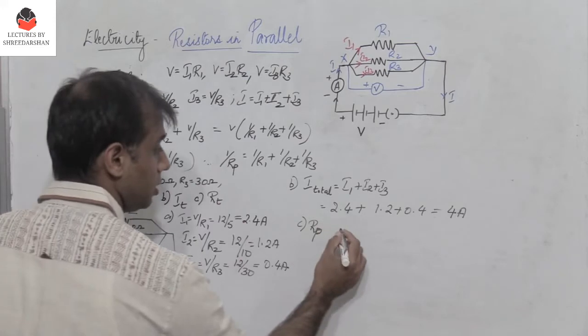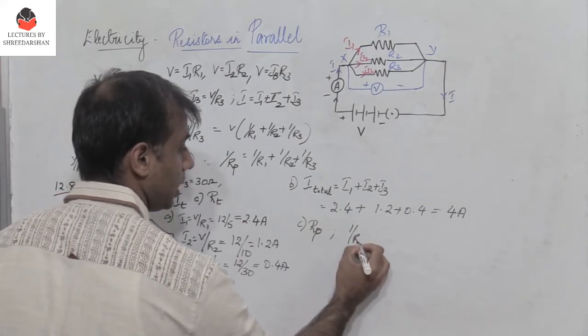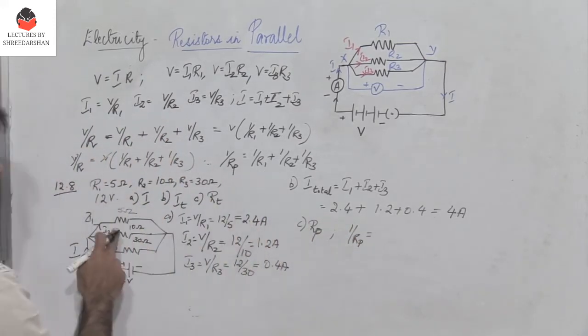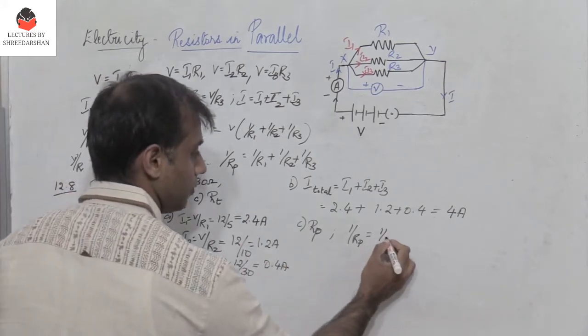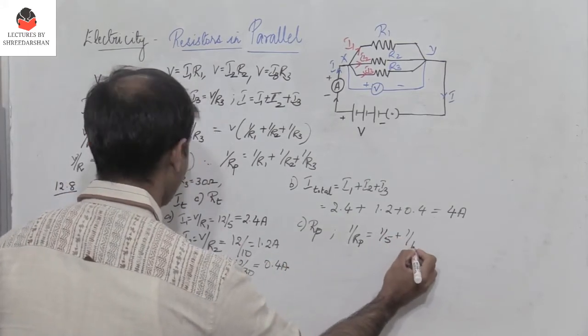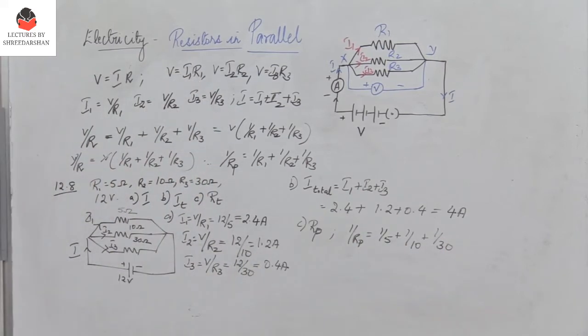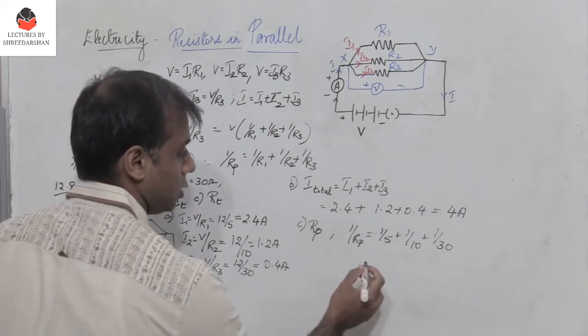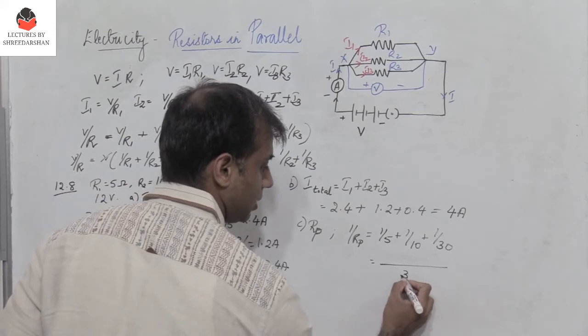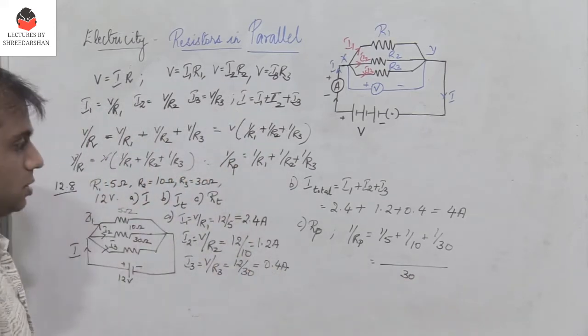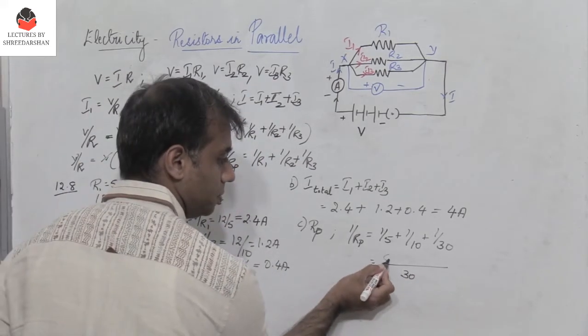So we know that by this expression, 1 by Rp equals 1 by R1. So what is R1? 1 by 5 plus R2 is 1 by 10 plus R3 is 1 by 30. So I need to find the sum of all these three. So let me take LCM. If I take 30, so I get 6 on top, right?